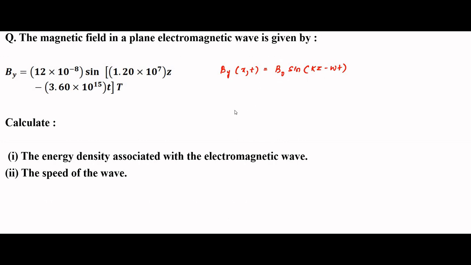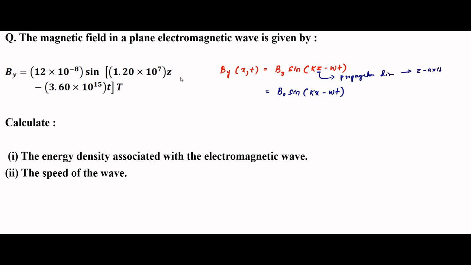In the previous questions we always dealt with something like B0 or E0 sin(kx − ωt) or sin(ωt − kx). Here the x, y, or z attached with the wave number k represents the propagation direction. So here z denotes that the propagation direction is along the z-axis.